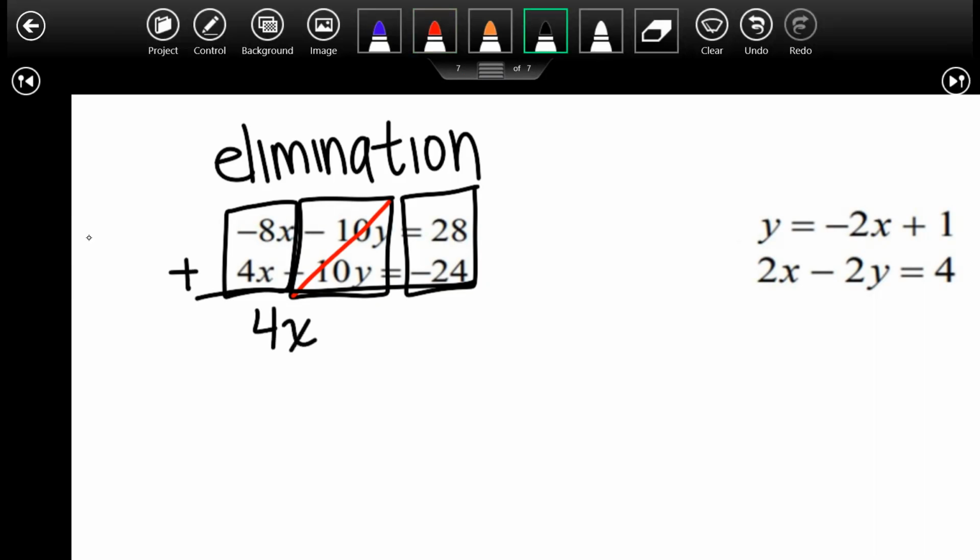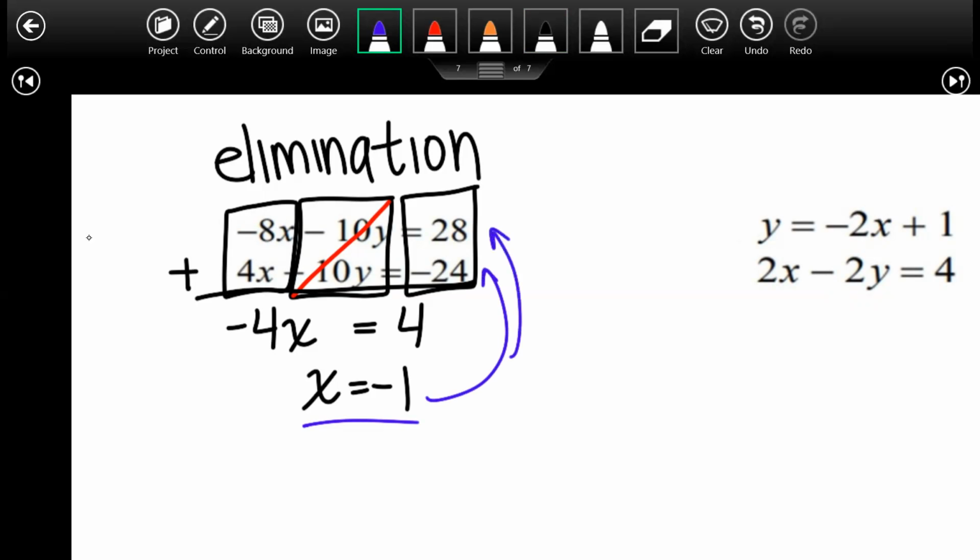For x, negative 4x. Yes. X will just be equal to negative 1. Are we done? No, we have to plug it back in. It doesn't matter which one we plug it back into, the bottom one or the top one.